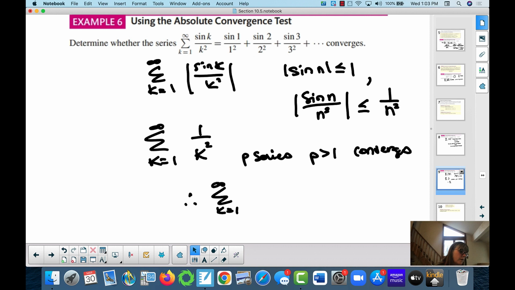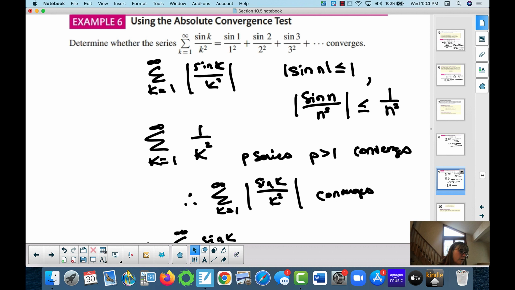So I use the comparison test for the absolute value test, and because it absolutely converges, then this original series converges.